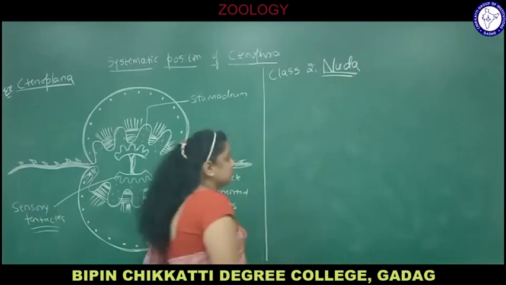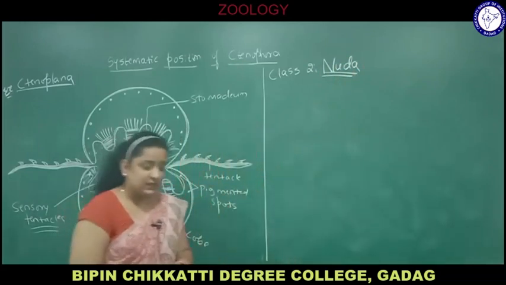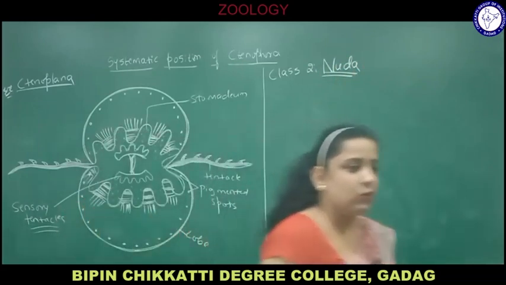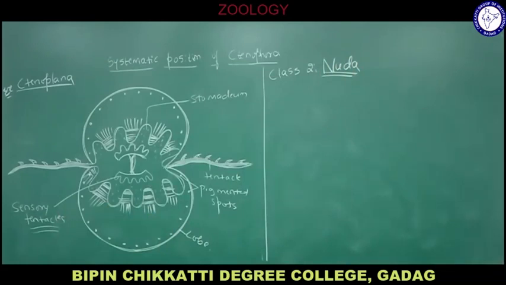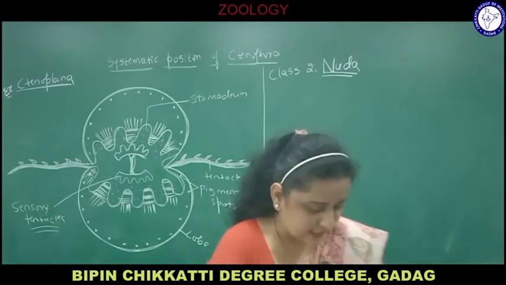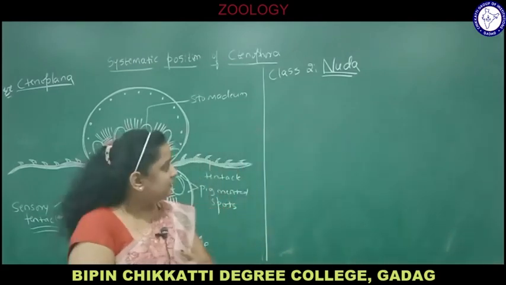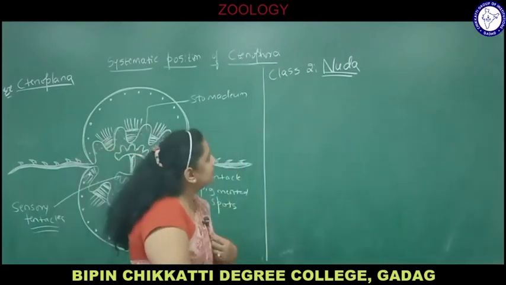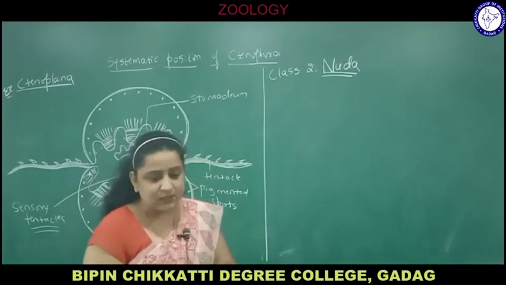In the first class Tentaculata, the animals possessed tentacles, so it was named Tentaculata. In Tentaculata we had seen 4 orders, and all the animals belonging to class Tentaculata possess tentacles. Now we are coming to the second class of the phylum Ctenophora, that is Nuda.